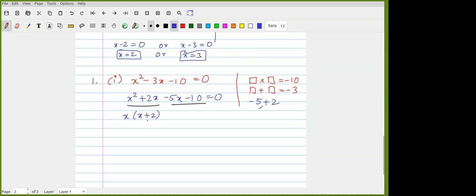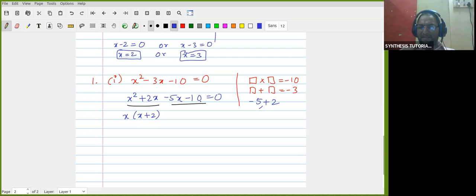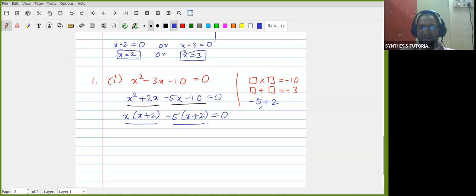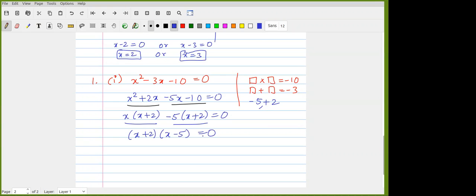From minus 5x and from minus 10, I can take minus 5 common. I'll again get x plus 2. Yes or no? Now see, from both these terms, I can take x plus 2 common. What will I remain with? x minus 5, right? Yes, sir.